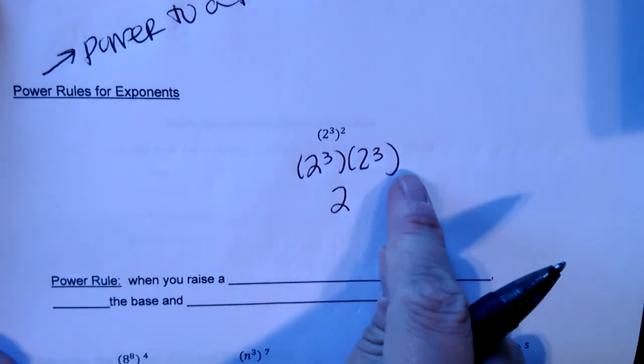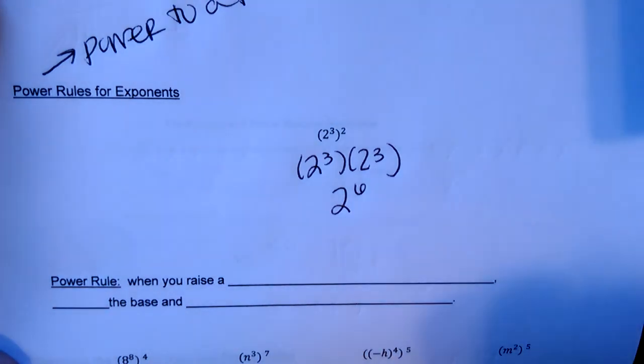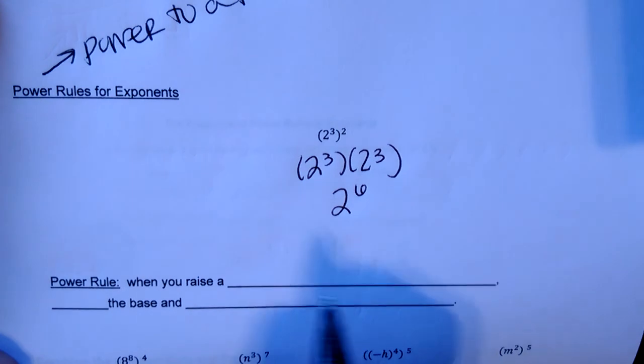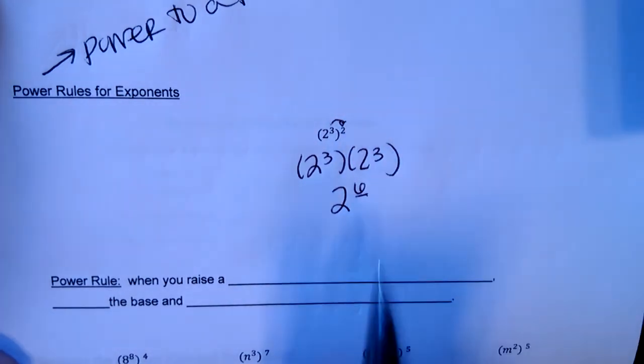Well, if we can remember all the rules, we can shortcut this as well and realize that when we have a power to a power, we just multiply 3 times 2 to get our 6. Okay, so we can cut this middle step out if we remember that with a power to a power, you're going to multiply.